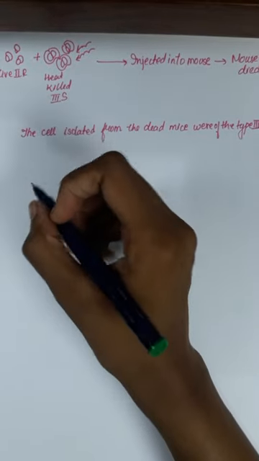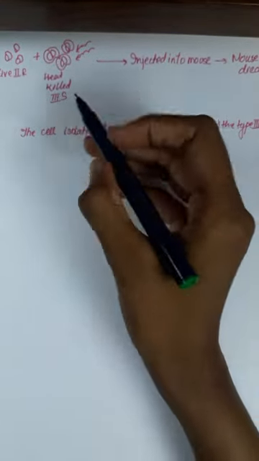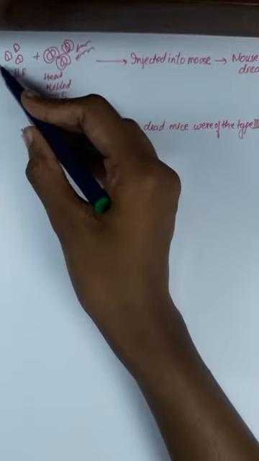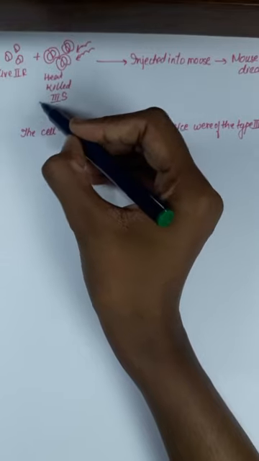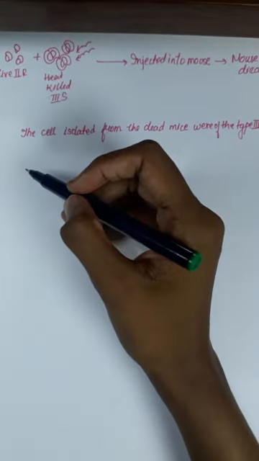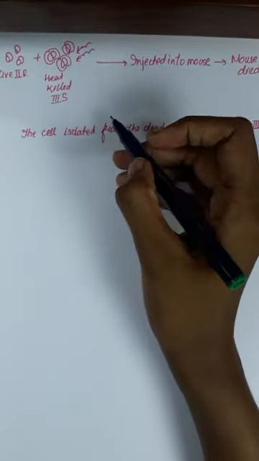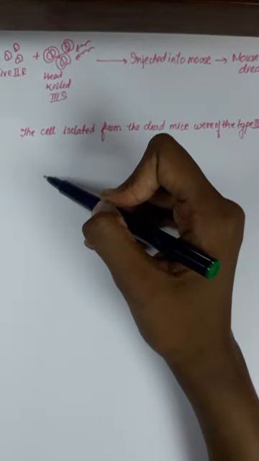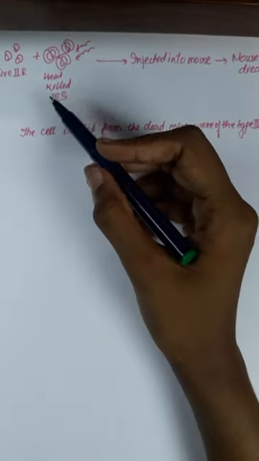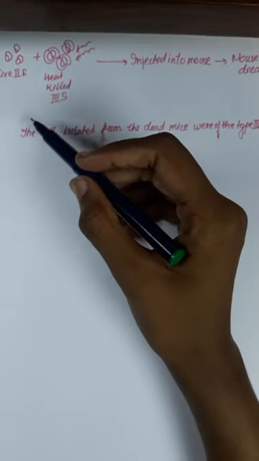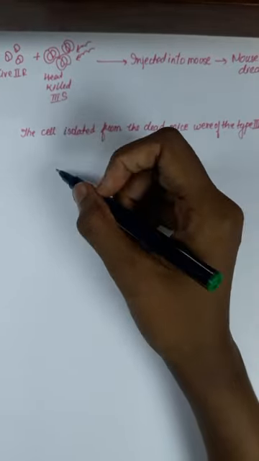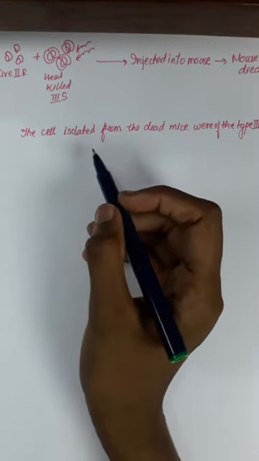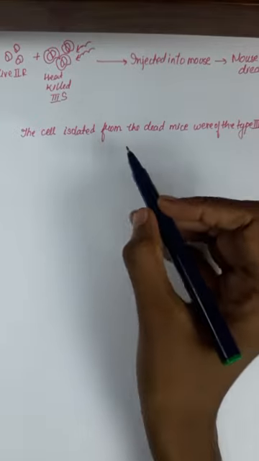It was postulated that some cells of 2R changed into 3S type due to the influence of dead 3S, and he called this phenomenon transformation. This experiment is also known as the transforming principle.